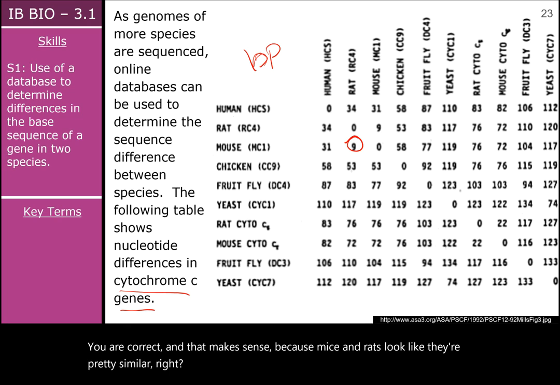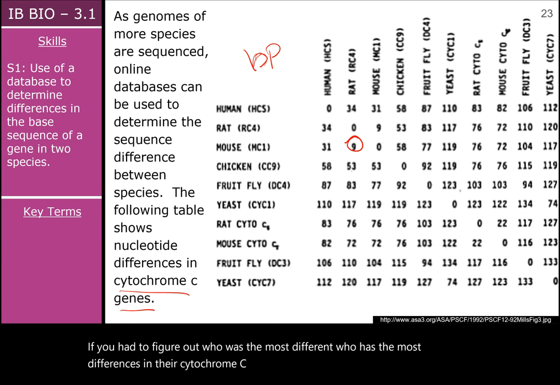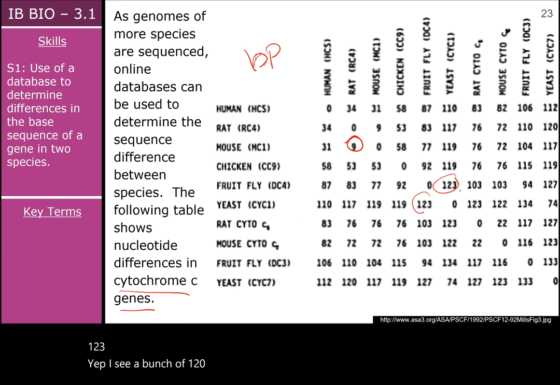If you had to figure out who has the most differences in their cytochrome C gene and protein, let's see, who would it be? What's the biggest number on the chart? 123? Yep, I see a bunch of 123. So here's a 123, 123, 123.